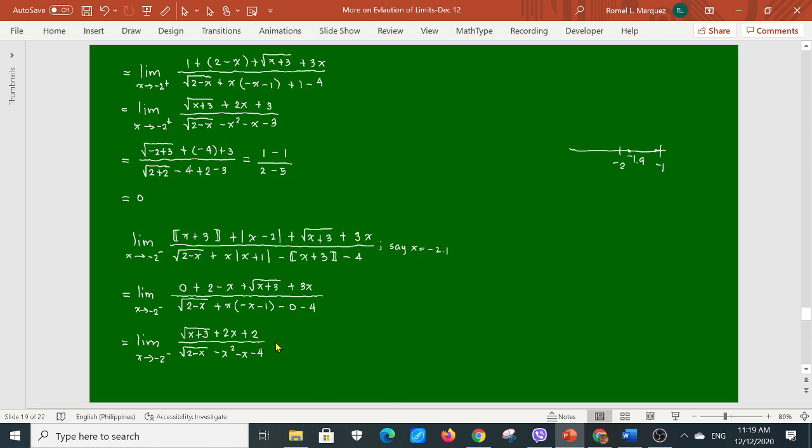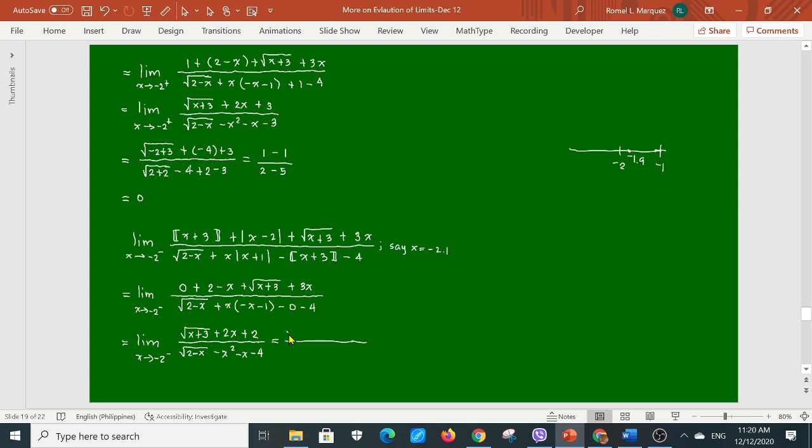Okay? And this is equal to, the denominator, if you have 2 minus negative, positive 4, square root is 2. So 2 minus 4 plus 2 minus 4. Is it 0? No, not 0, no? Therefore, we can apply the direct substitution rule to evaluate this limit.